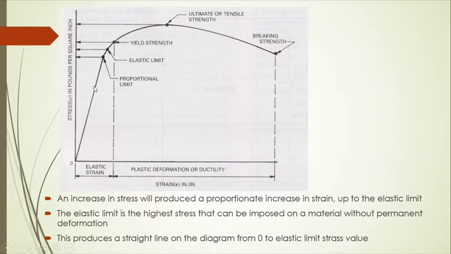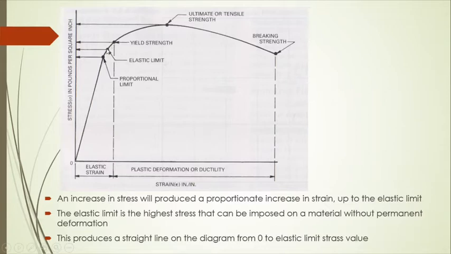So basically, elastic strain is the amount that you can impose on the steel material or other material of that type without permanent deformation. Once you remove the load, the material will return back to its original position, to its original zero strain.